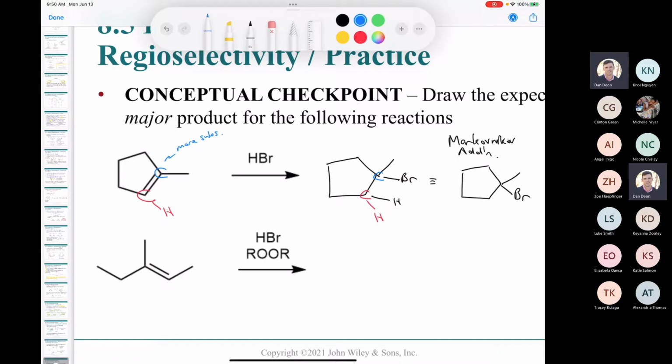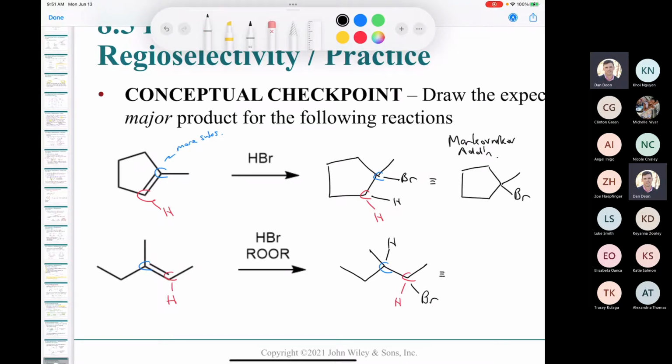Okay, cool. Let's take a look at the next one, which is anti-Markovnikov. So now I have the blue carbon, and I have the red carbon, which has one hydrogen. So let's redraw the chain. Got my methyl group here. This is my carbon in blue. This is my carbon in red. If it's anti-Markovnikov, now the bromine is going to go on the carbon that has the hydrogen attached to it already. So I'm going to have my bromine here, and my other hydrogen over here.